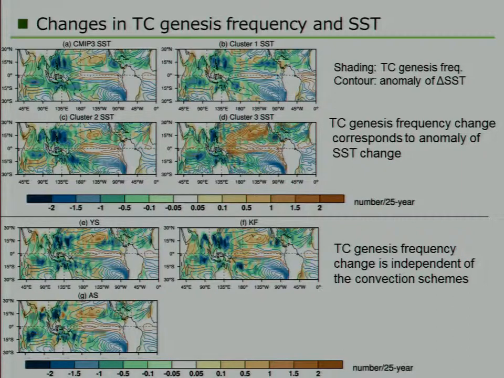So these 4 panels show different patterns, and the shading and contours correspond to each other. So tropical cyclone genesis frequency can depend on the anomaly of SST change.